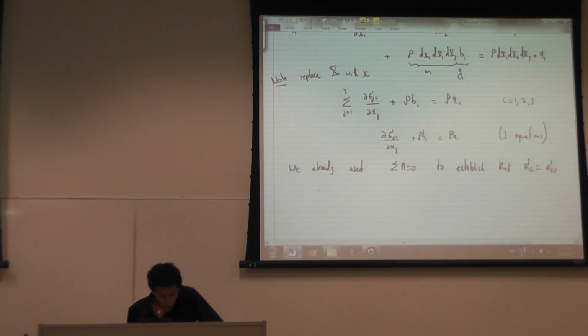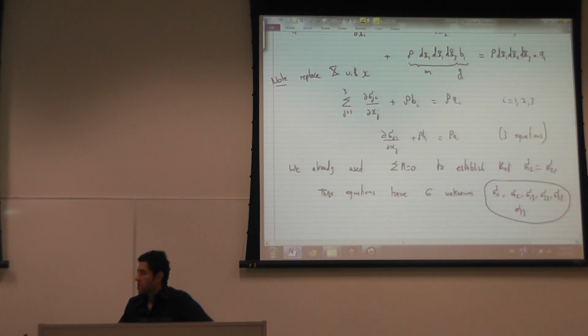And so these equations have 6 unknowns, which are sigma 1,1, sigma 1,2, sigma 1,3, sigma 2,2, sigma 2,3, sigma 3,3. I only have 3 equations and 6 unknowns. I'm not able to solve these equations unless I put very restrictive assumptions.